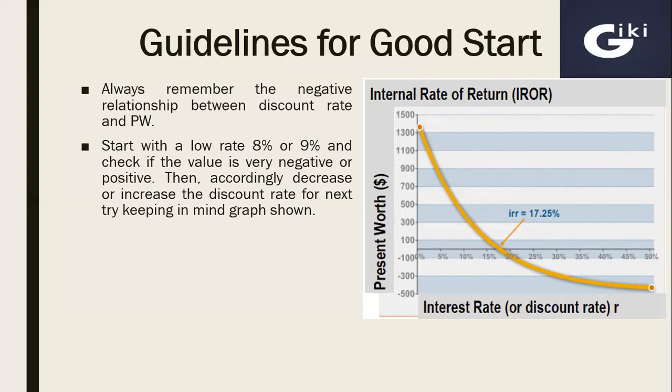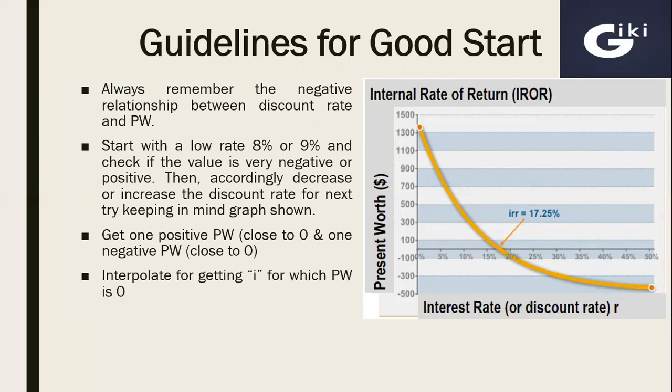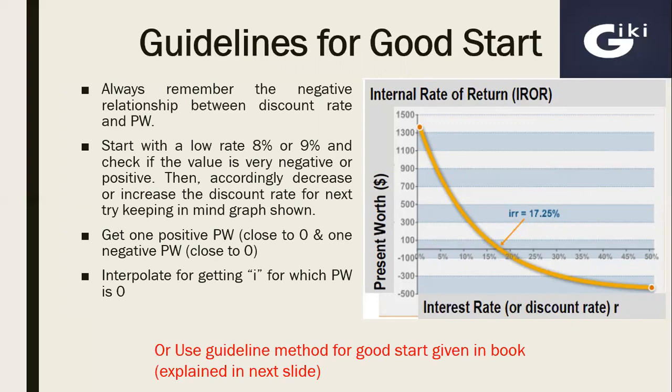Then accordingly decrease or increase the discount rate for the next try, keeping in mind graph shown. Get one positive present worth close to 0 and one negative present worth close to 0, and interpolate for getting unknown rate of interest for which present worth is equal to 0. Or use guideline method for good start given in book. I will explain this method in coming slides as well.